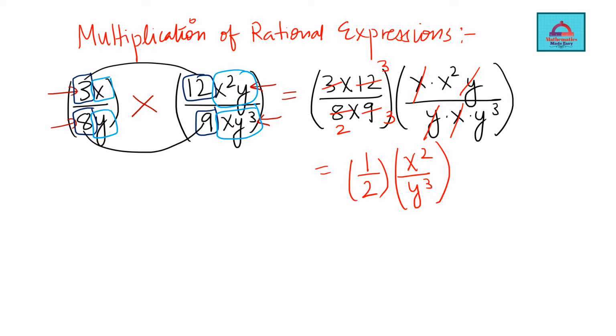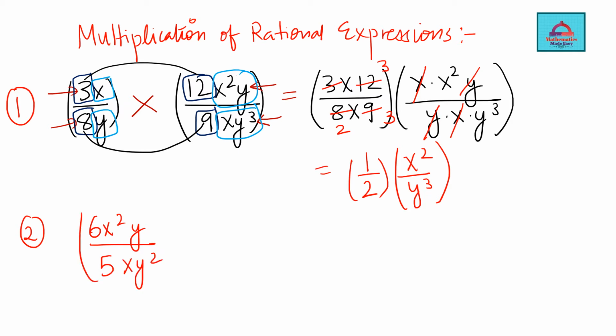Okay, let's take one more example on multiplication just to make you more comfortable. So this was the first example. Let's take another one. So here I'm taking 6x square y over 5xy square, the first rational expression, and I'm multiplying it with the second one, 10xy over 9y square. Okay, we'll apply the same technique.